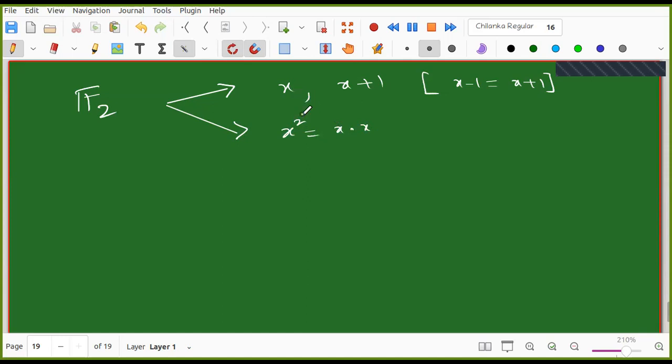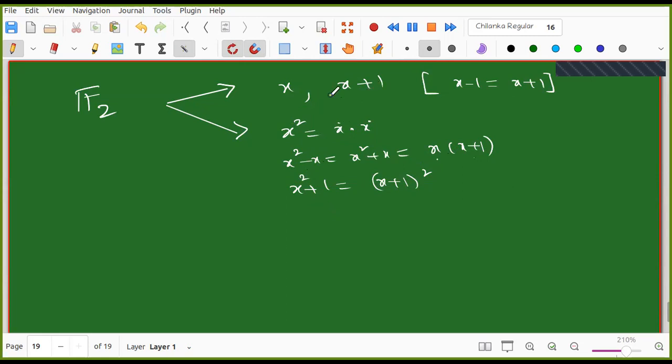Then x square plus x, which is x into x plus 1, the product of these two together. And x square plus 1, which is x plus 1 whole square. That is quite obvious, right?